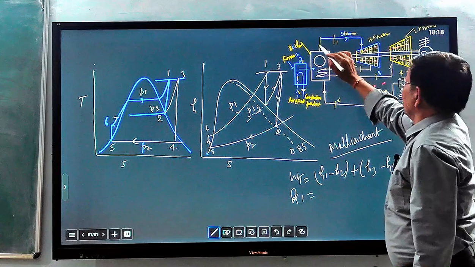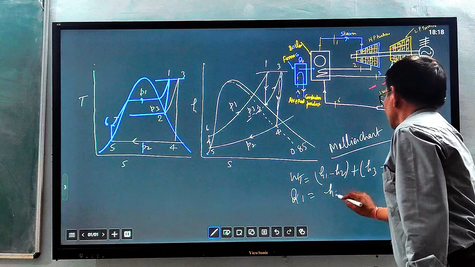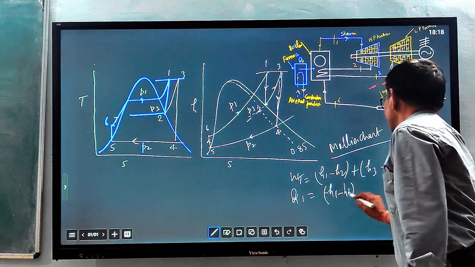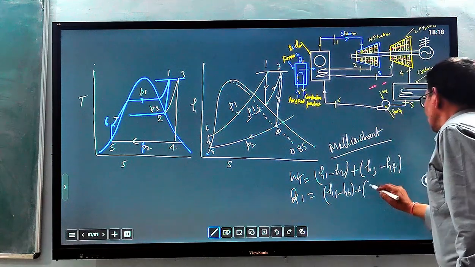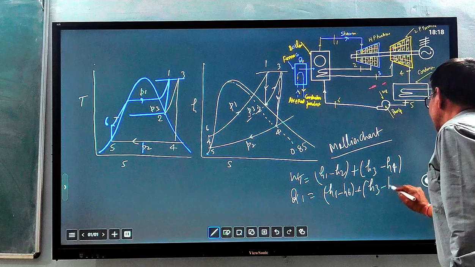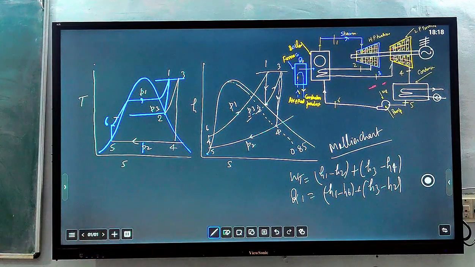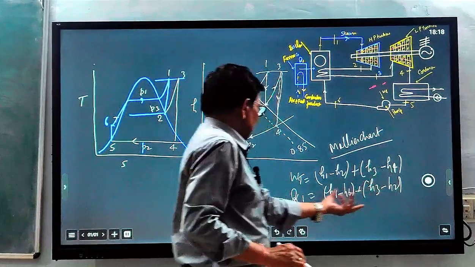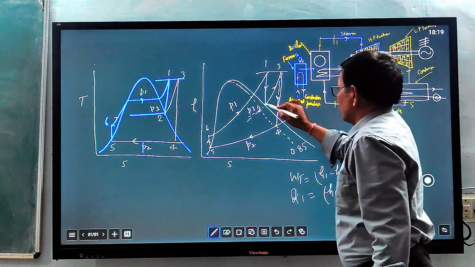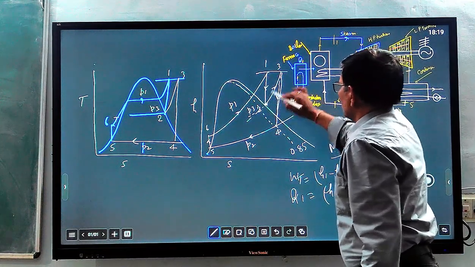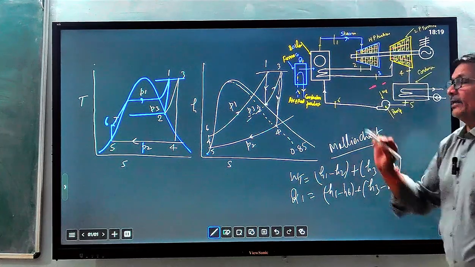First step is 6 to 1, H1 minus H6, and second step from 2 to 3, H3 minus H2. So WT means turbine work we are getting in two steps because two turbines are there, and Q1 is heat addition from 6 to 1 and from 2 to 3. You can see 2 to 3 is a heat addition process inside the furnace.